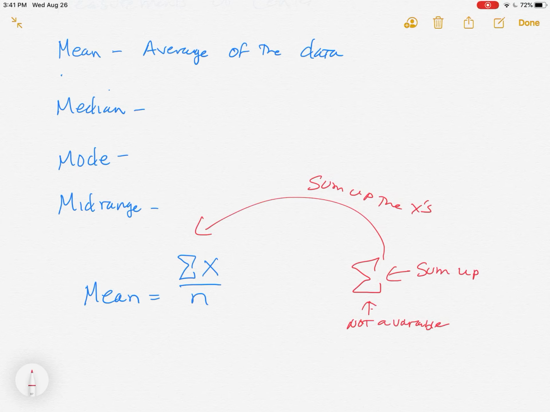And for us, and for always, x is a data value. And n is the number of data points. So that's what that formula is: sum up all the data and divide by n. So we'll see that sum notation used a lot.